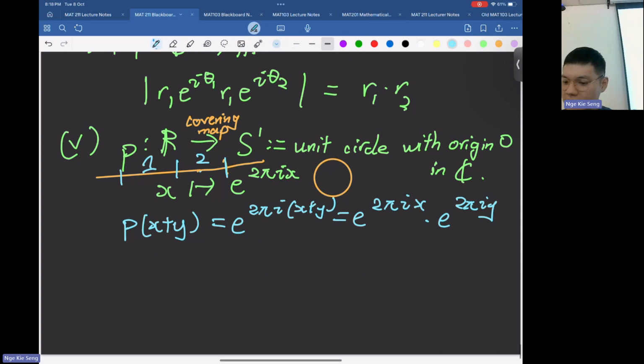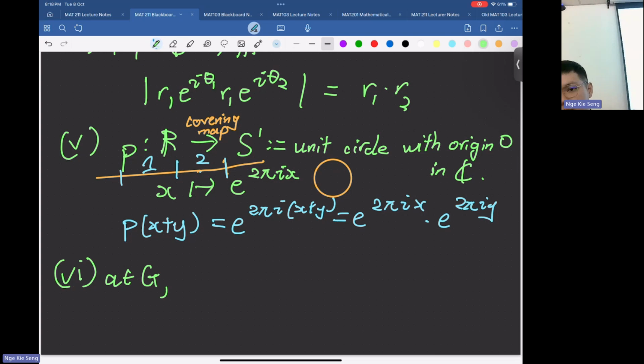Maybe last example before we move on. So how about this example here? Let's fix an element A in G. I define this map phi A from Z to G. So how do I define it? I simply send any integer n to A to the n.